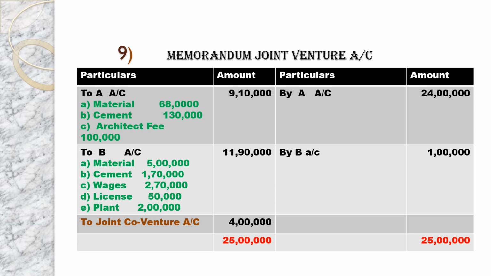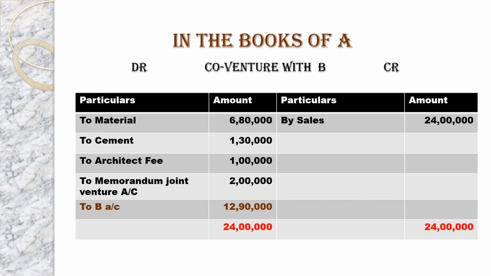Credit side we have contract amount, sale amount received by A credit side, and B took over the plant for rupees 1 lakh. So thereby total you get 25 lakh, and then we get a co-venture profit to be distributed among A and B, rupees 4 lakh. Now in the books of A, we record A's amount.